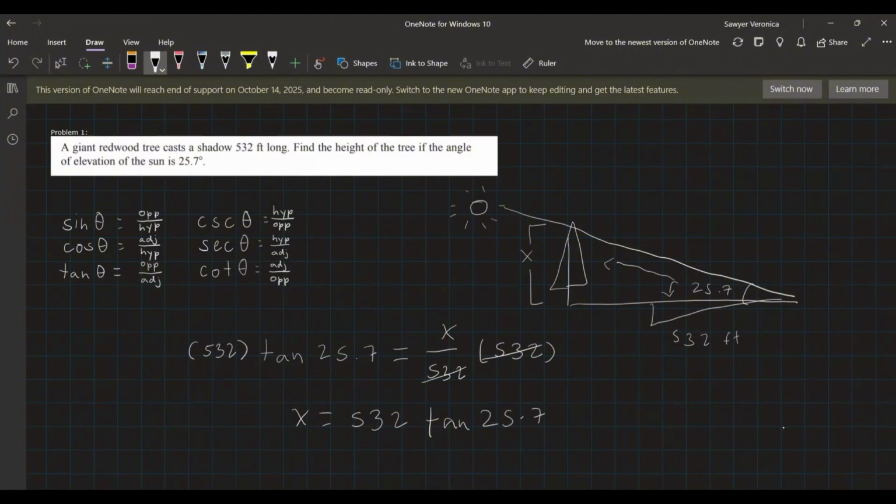And if we put that into the calculator, 532 tangent 25.7, that would be around 256.03 feet. So this would be the height of the tree.